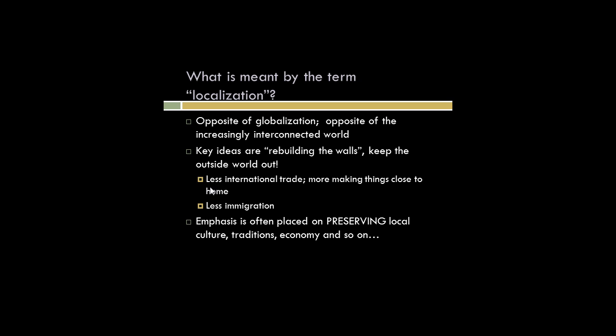And so there are people who are opposed to international trade and therefore opposed to globalization, because what they would like us to do is make more things close to home, whether it's Wisconsin or Nebraska or California. And the result then is that these people are basically making an argument that we need to localize our economy so that we have more jobs that are family sustaining and have relatively robust paychecks connected with them.